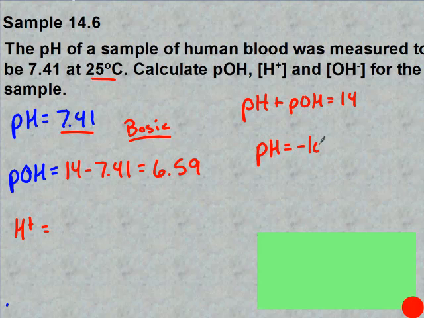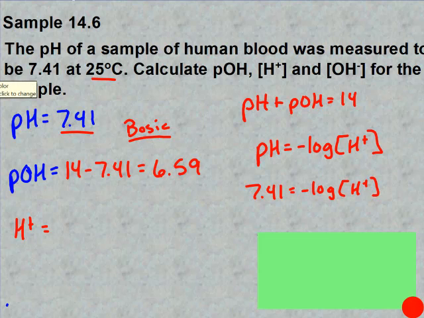To find my H concentration, I use the equation pH is equal to the negative log of H plus. But I know my pH. So to solve that, I get rid of the negative sign. And then to get rid of the log, I have to raise it to the power of 10.